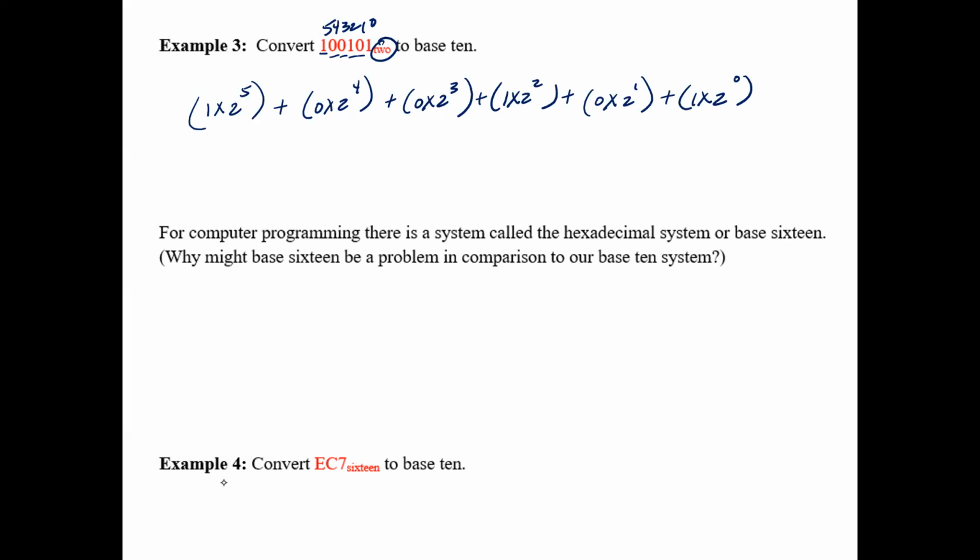So 2 to the 5th power gives you 32, then 0, 0, 1 times 4 is 4, 0, and then 1 times 1 is 1. Then find your sum. Altogether, you should have a total of 37.